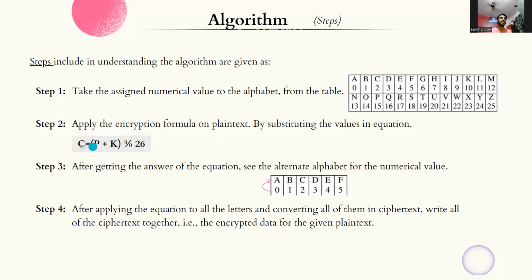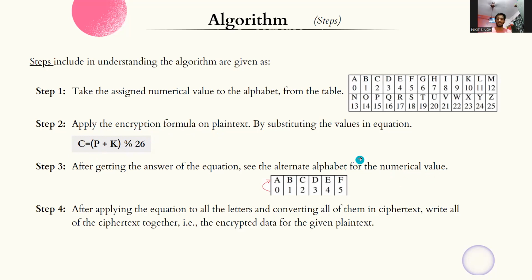As I said, C equals (P plus K) modulus 26 is the formula, so we substitute all the given values in this encryption formula. The next step, after getting the answer from the equation, is to convert the numerical value to the alphabet.